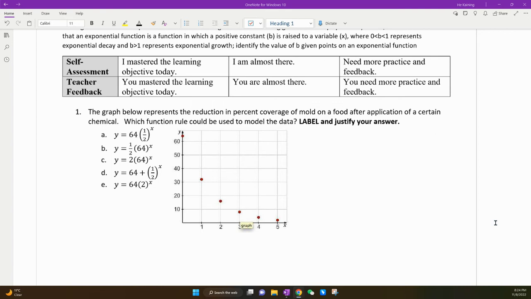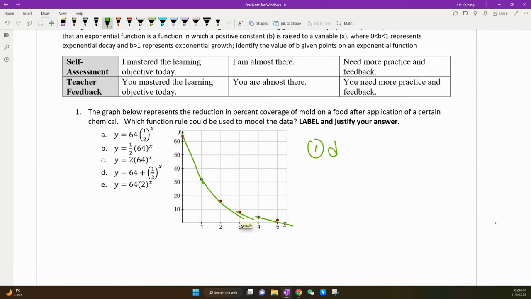Now we know that in this trend, let me go ahead and use the color. Based on this trend, we see a decreasing trend just by observing. We know that first, this is going to be a decay. As a decay, whatever's inside the parentheses, like in our growth rate formula A, B, and T, this B is going to be represented by a number between 0 and 1.